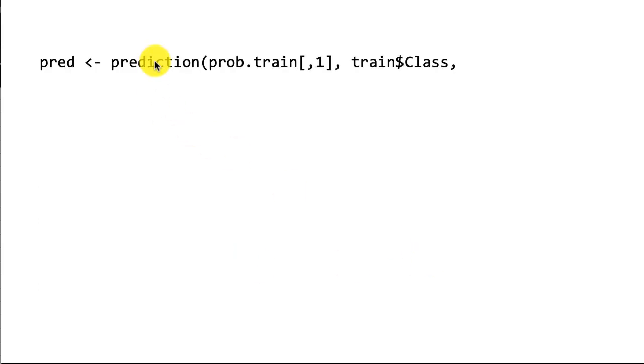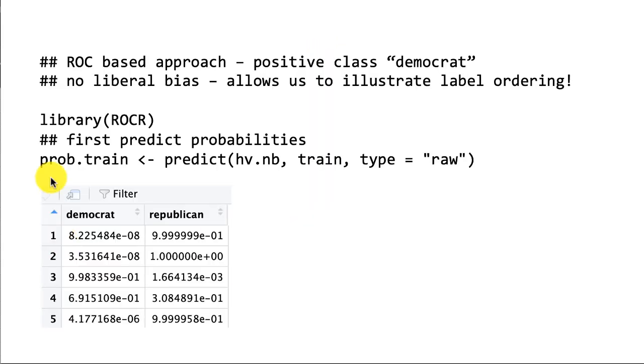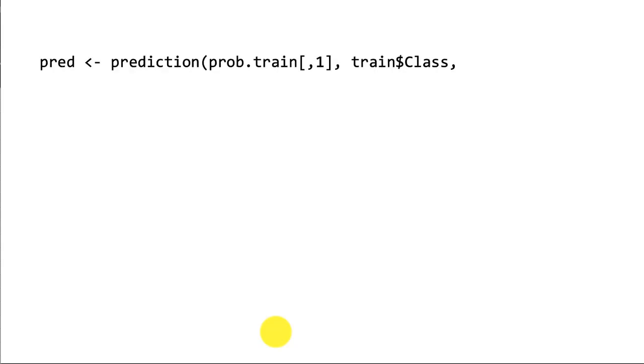We know how we can use this to generate an ROC chart, right? So we do prediction, and the first argument to the prediction function is the generated probabilities of the positive class. Okay, so I'm saying our positive class is Democrat, so I say first column, right? Remember, the first column contains the probabilities for Democrat, and I'm saying Democrat is our positive class, and therefore we take the first column.